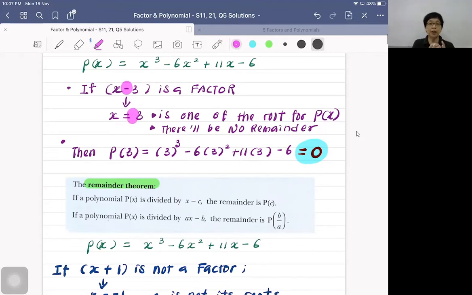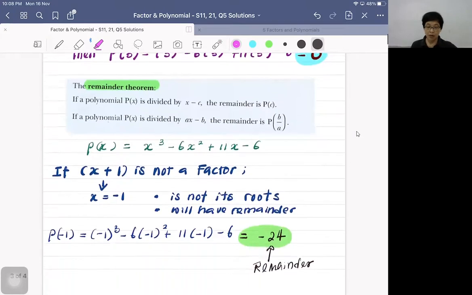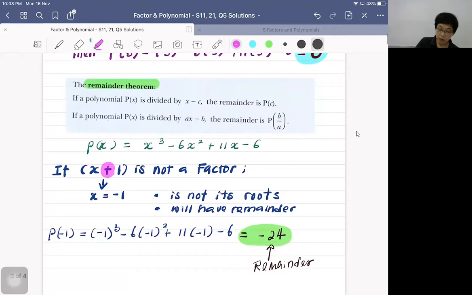From the factor x minus 3, when we draw it into an x value, it is going to be the opposite sign, so x equals positive 3. And again, when it is x plus 1, when we draw it into its x value, it is the opposite sign, so you get x equals -1.